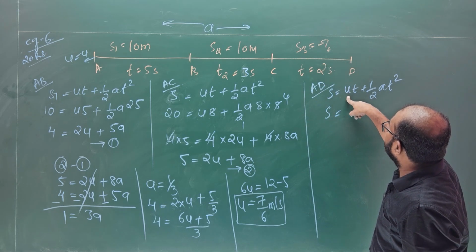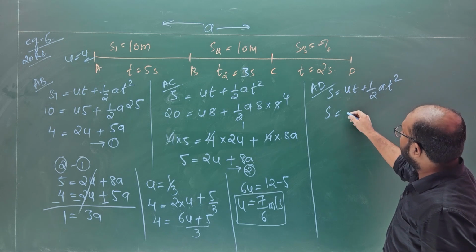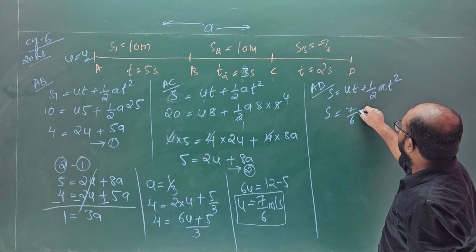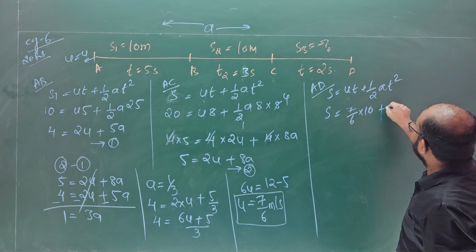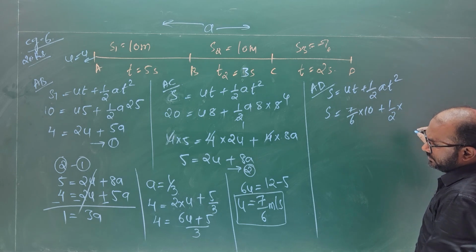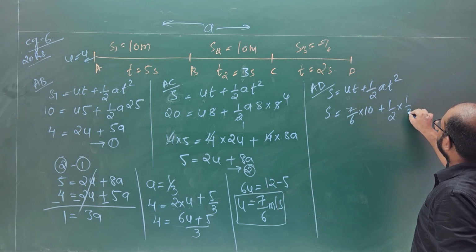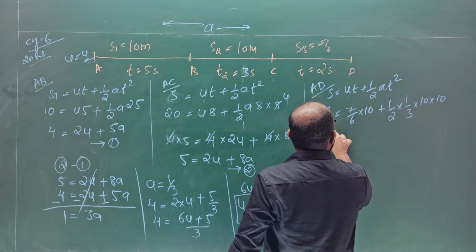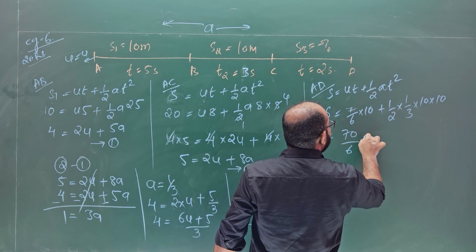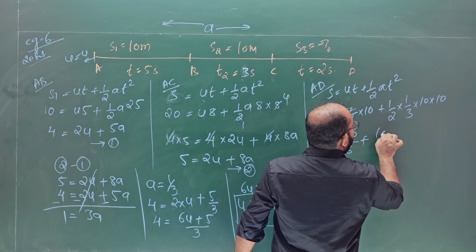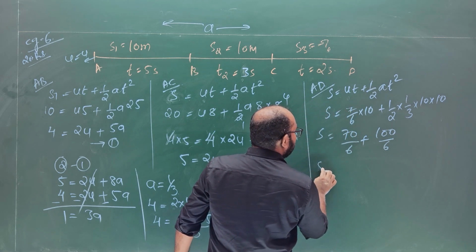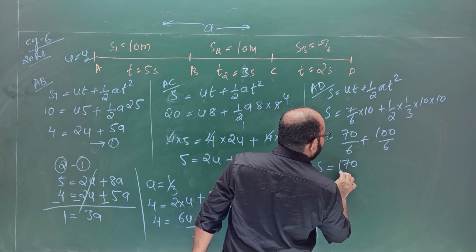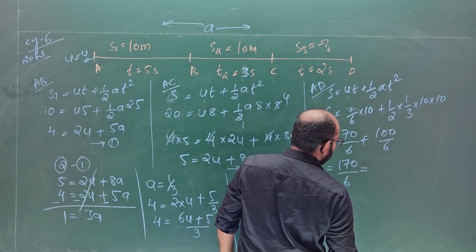So S is equal to u, what is u? 7 by 6, time is 10, plus half of acceleration, how much? 1 upon 3, time is 10 into 10. So S is equal to 70 upon 6 plus 100 upon 6, or this S is equal to 170 upon 6.